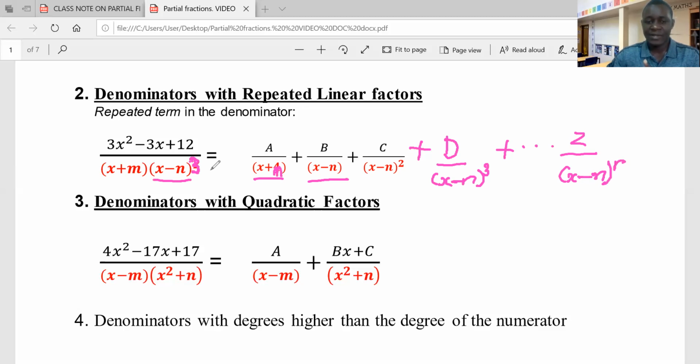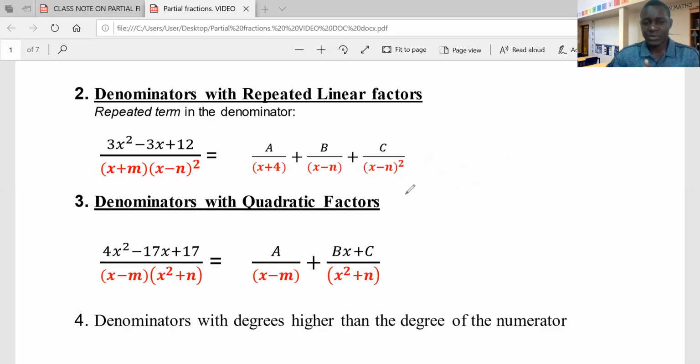If we have the power here as r, we keep writing all the fractions in increasing power of denominator for the particular factor that repeats itself. So that gives us the case of denominators with repeated linear factors. We are going to stop there.